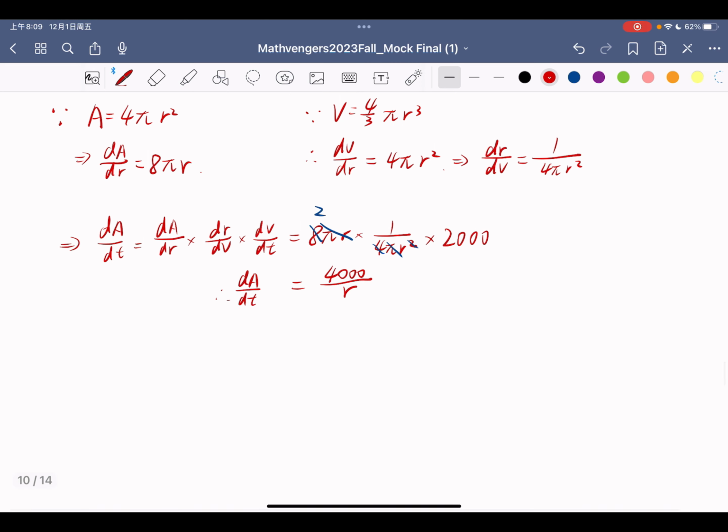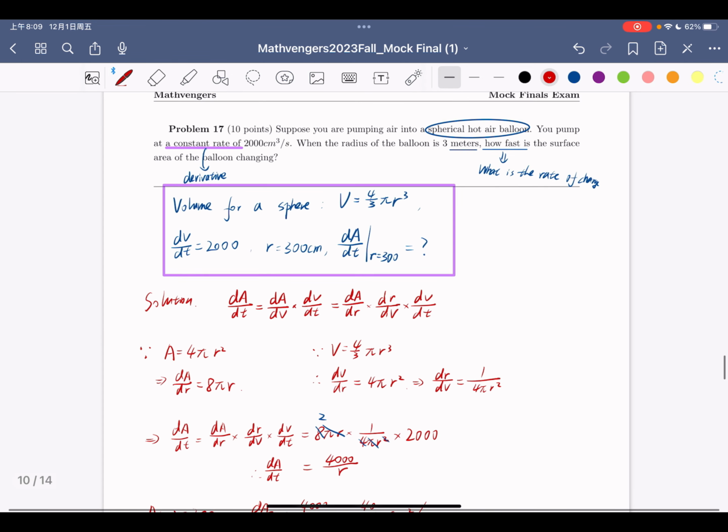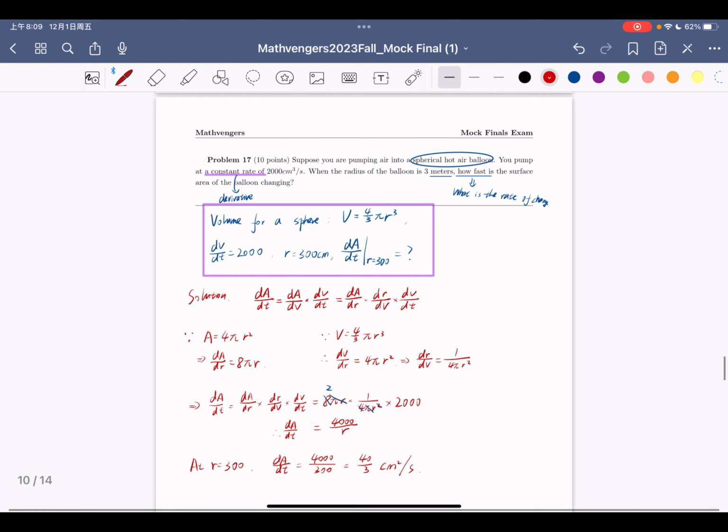Now at r equal to 300, you get dA over dt equal to 4000 over 300, so it's 40 over 3. Remember to write the unit, meters squared per second. This is our answer. I think this question is very similar to some WeBWorK questions.